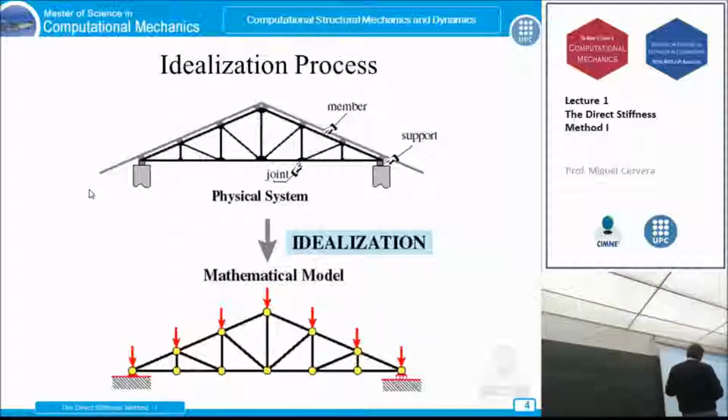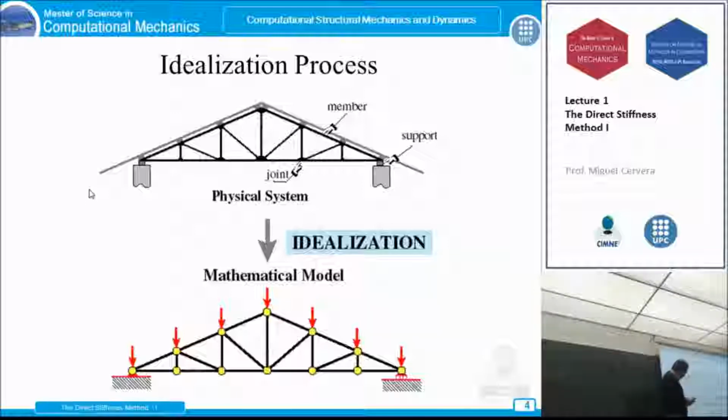Now, we are assigning the weight of the roof to the nodes. Why? Because we have been trained to do so. We are assuming that these connections are not restraining the rotation. Why? Because we have been told that it doesn't restrain too much. And we are making some other assumptions in the idealization.